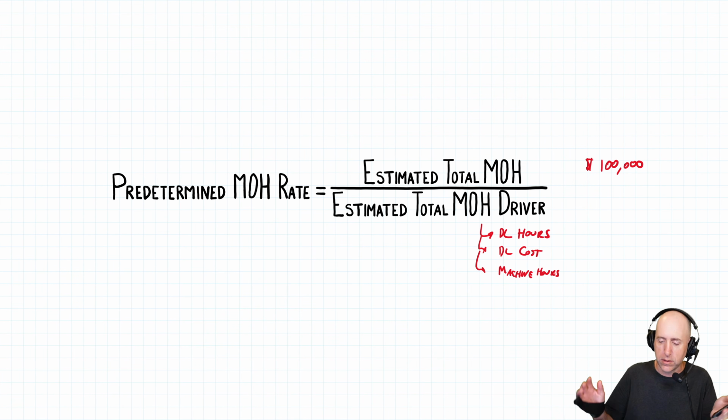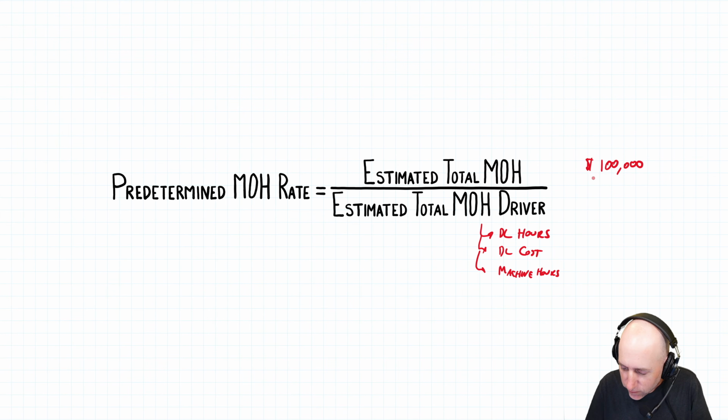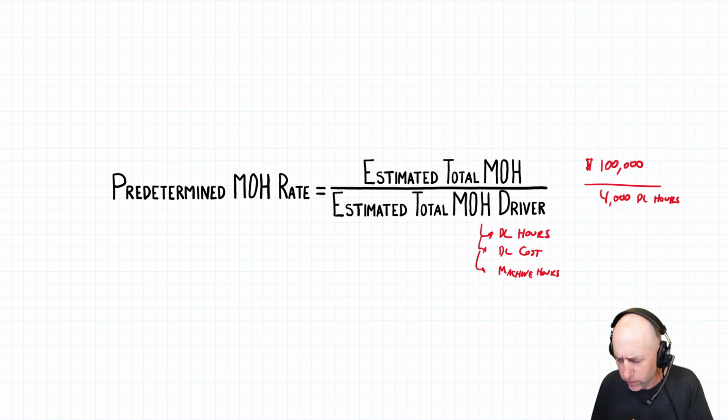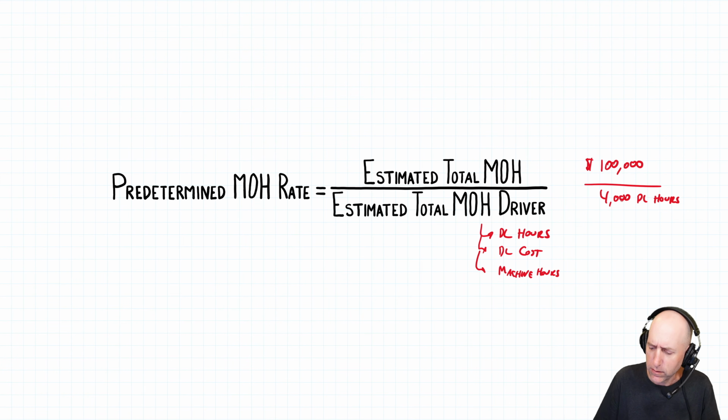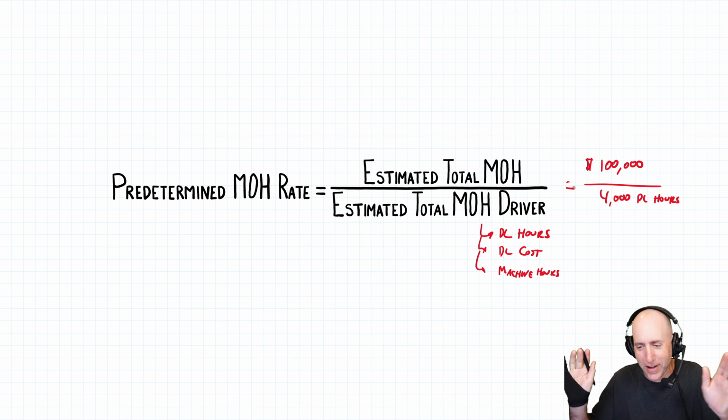So our company, though, it's mostly humans doing the work, and let's say we estimate that for the year there's going to be 4,000 direct labor hours. Okay, so we've got $100,000 divided by 4,000 direct labor hours, and this is before the year happens, right?